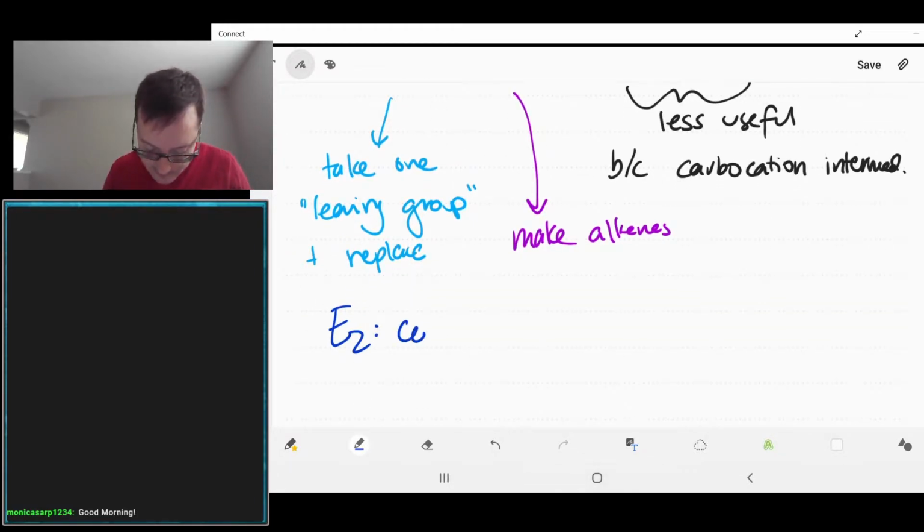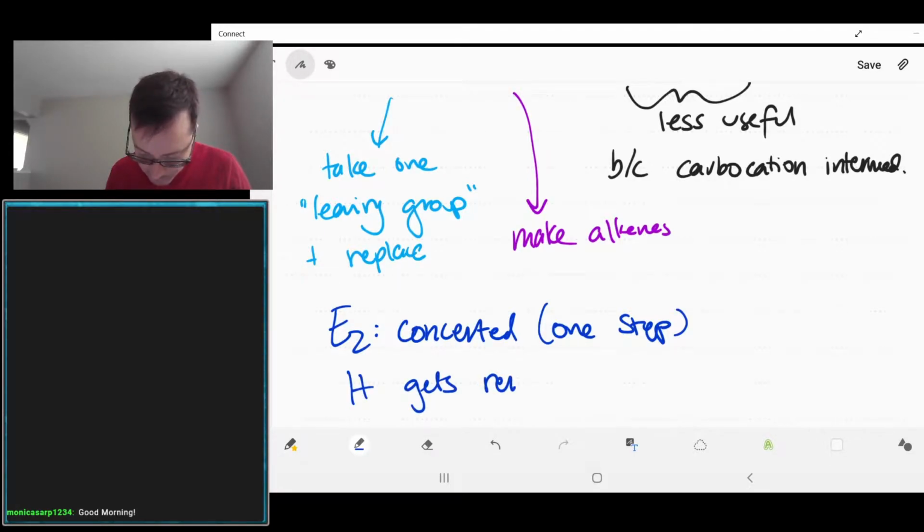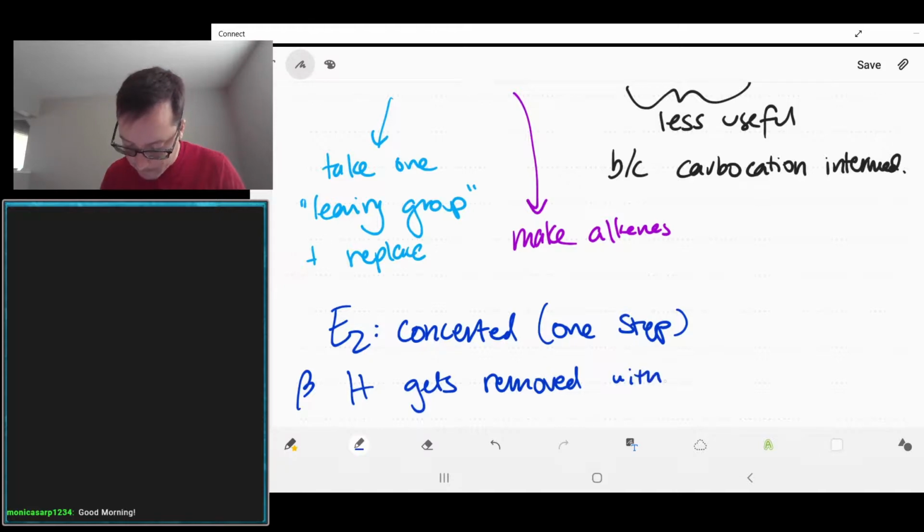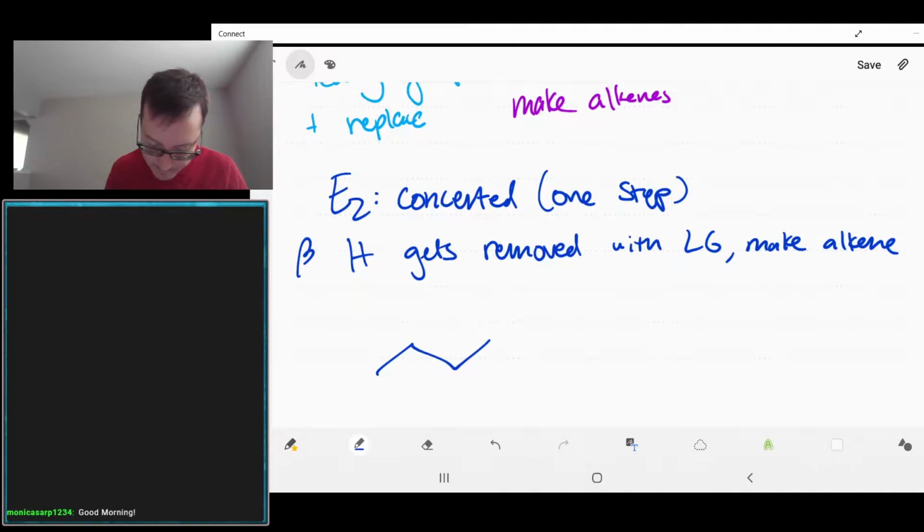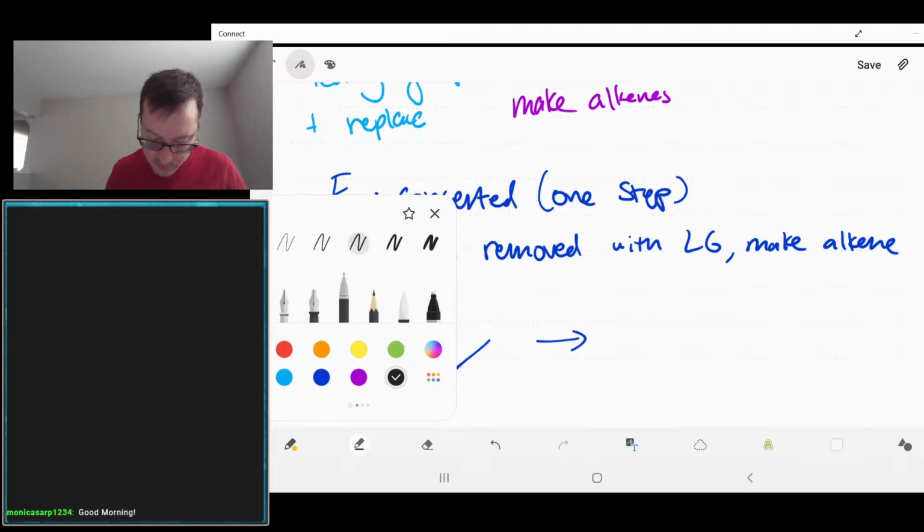This is a concerted reaction. We are going to lose a beta hydrogen along with our leaving group, and we make the alkene. So, for example, depending what base we use, we're going to end up with multiple products here.